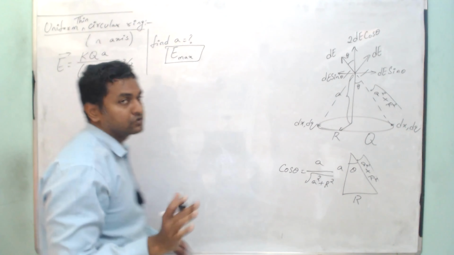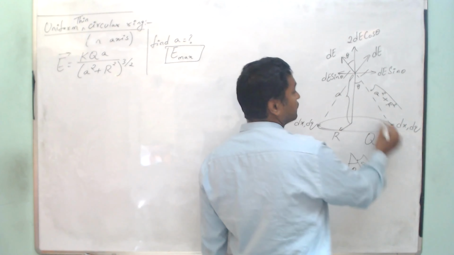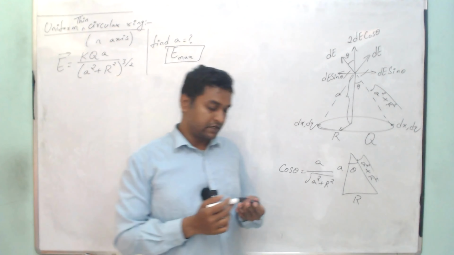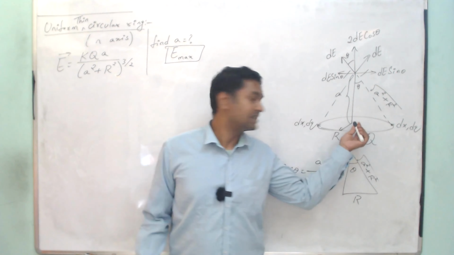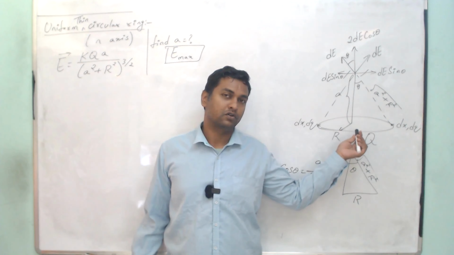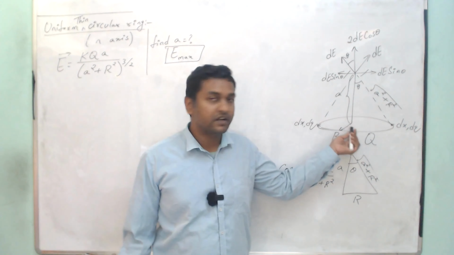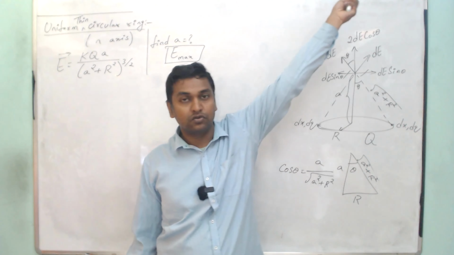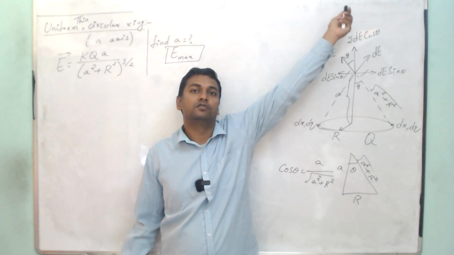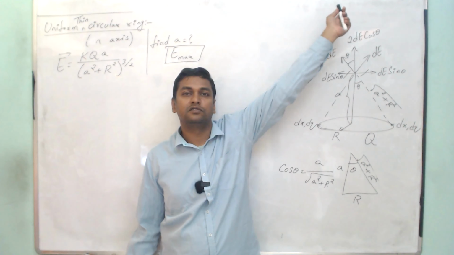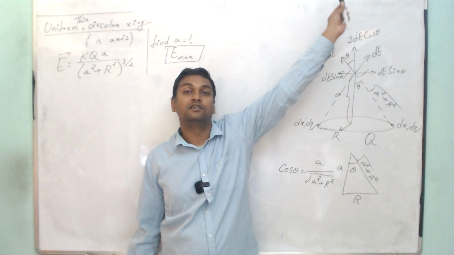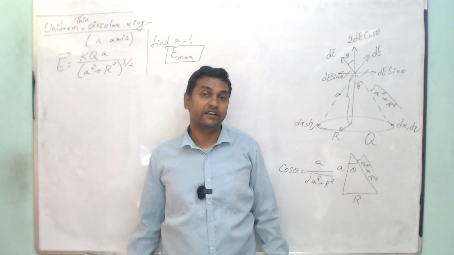Why? Because for this uniform circular wire, the electric field at the center is 0. Now, electric field at infinity is also 0. Why will the electric field at infinity be 0?